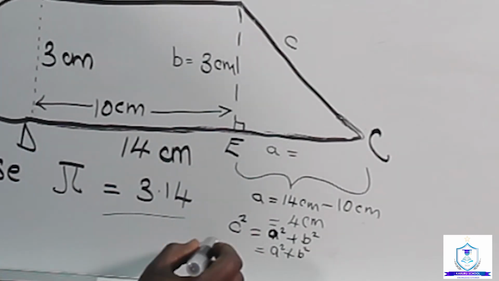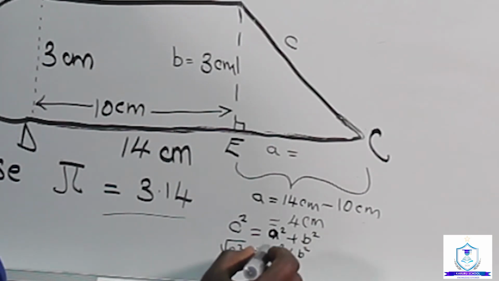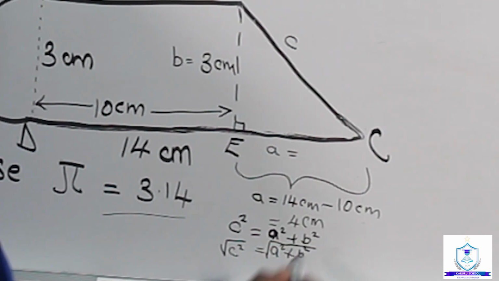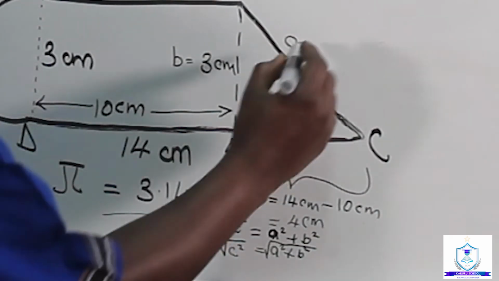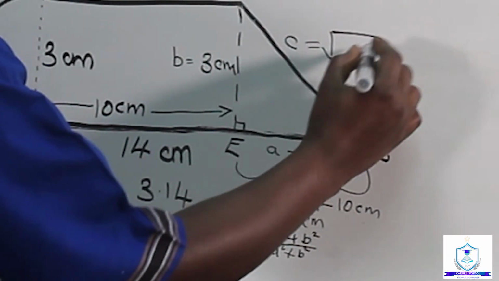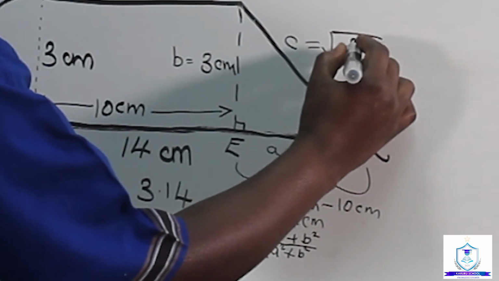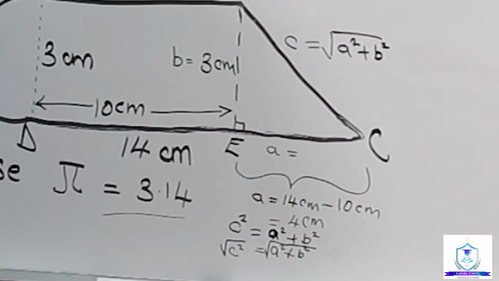Since we want the value of C, we take the square root on both sides. So C would be equal to the square root of A squared plus B squared.